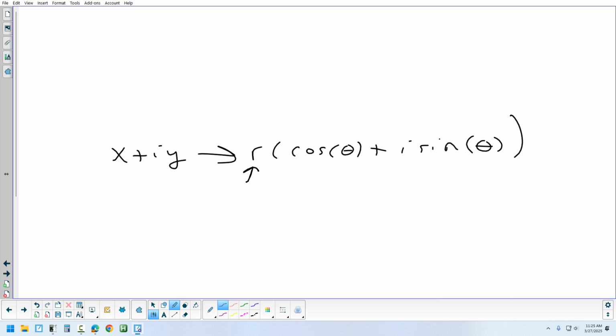So you had to find r and theta. What did r stand for? Radius. So it was the size circle. It's basically if you were starting at the origin, how far out did you go? And then the angle is the amount of rotation to get up to that point.